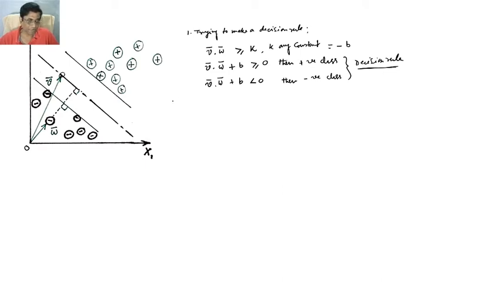So let us try to develop the constraints. Without constraints, this decision rule is not going to help us, because we need to put constraints on b and w.